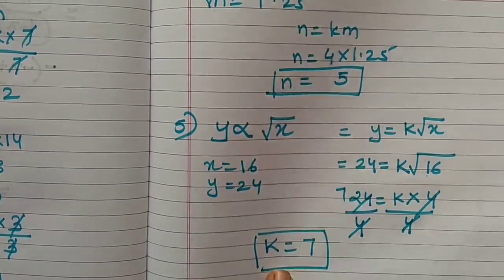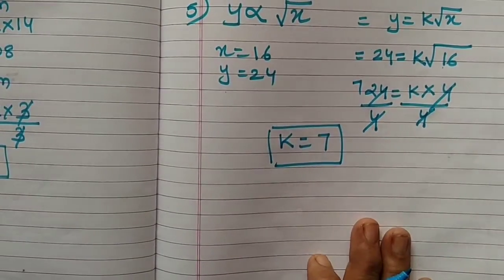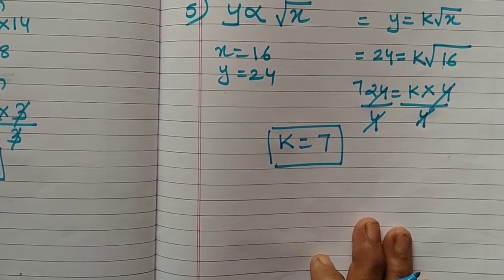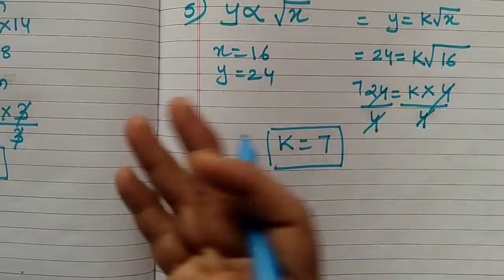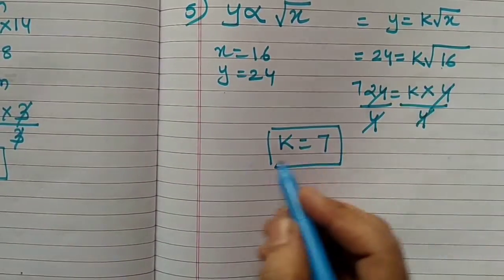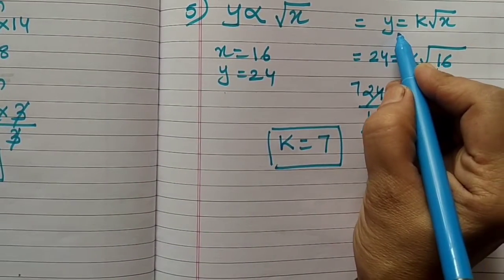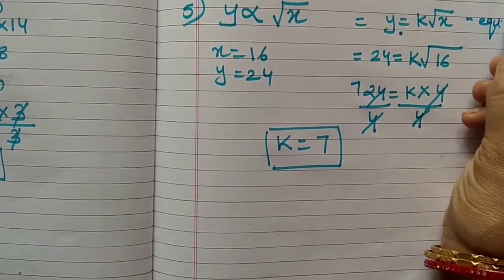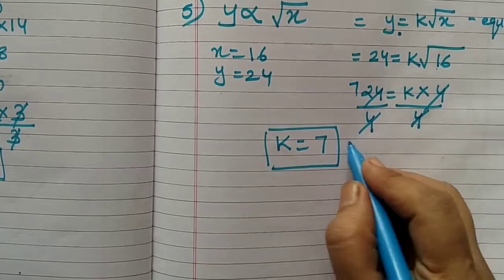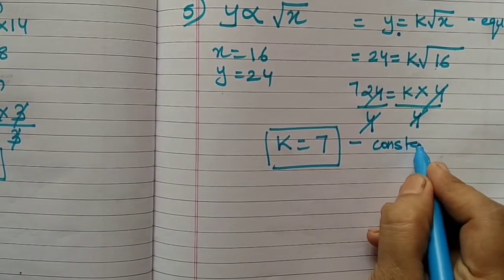Now using this k, we have to find the constant of variation and the equation. So what is the equation of variation? This is the equation of variation, and this is the constant of variation.